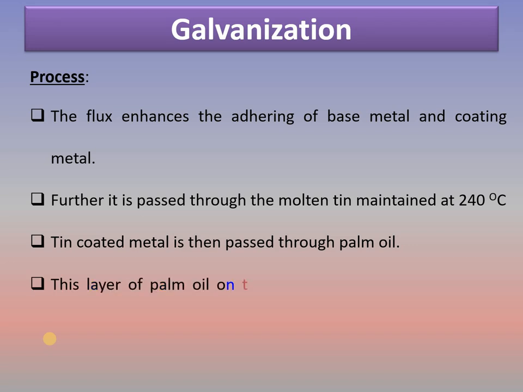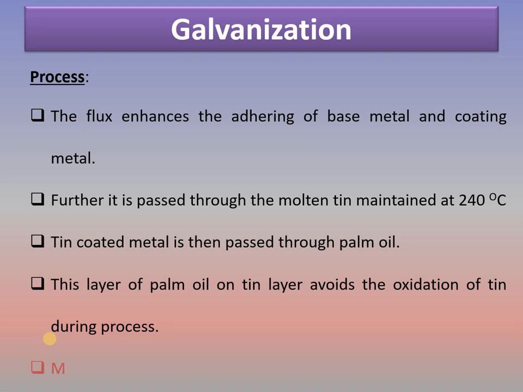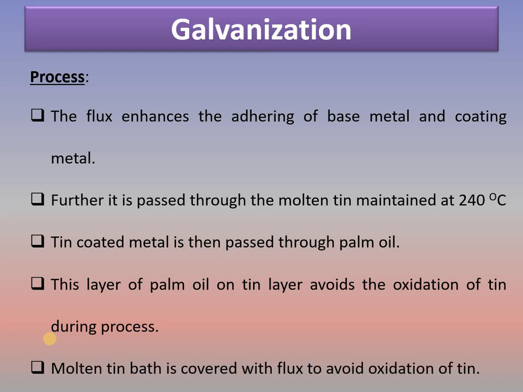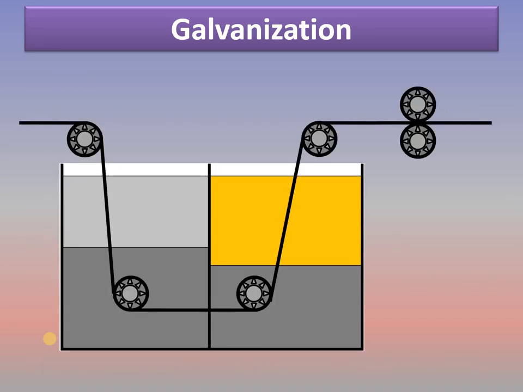The palm oil layer forms on the tin layer, and this palm oil layer avoids the oxidation of tin during the cooling process. The molten tin bath is covered with the flux to avoid the oxidation of tin.